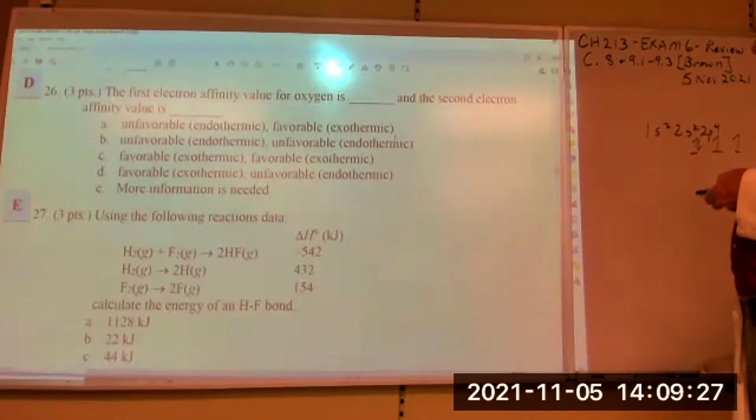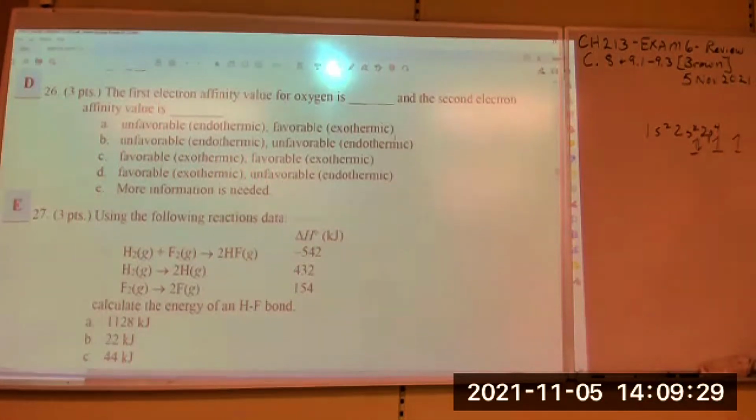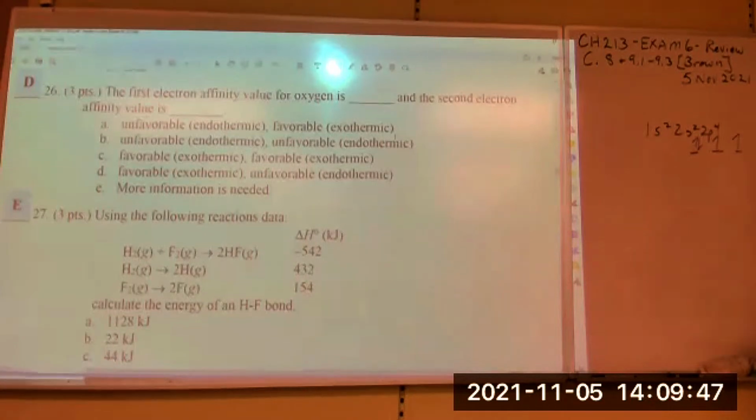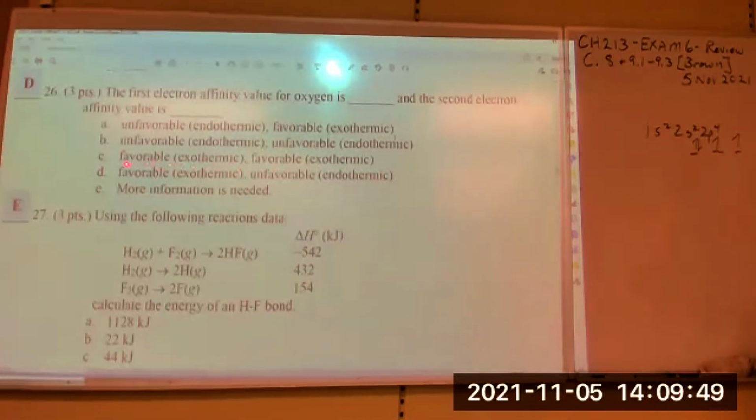But the second one is usually unfavorable, trying to add another electron in there, simply because before, it was neutral, but now it's got a negative charge on it, which is going to repel electrons that approach to be added. So that's why the second one should be unfavorable here.